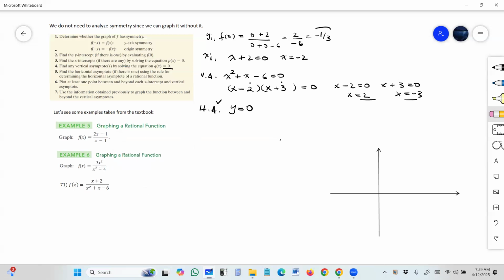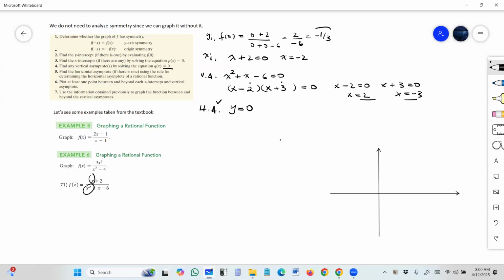Okay? So in this case, since x to the 1 is smaller than x squared, the horizontal asymptote approaches 0, or it is y equals 0.